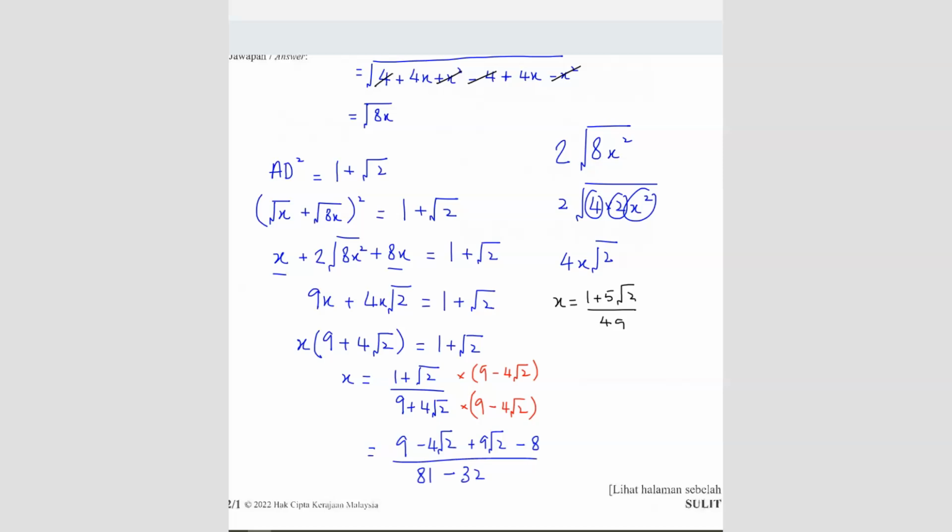Okay, so 9 and 8 you minus, you get 1, and then negative 4 plus 9 you get positive 5, and then 81 minus 32 you get 49. So that's shown, same. Okay, so that's how you solve it.